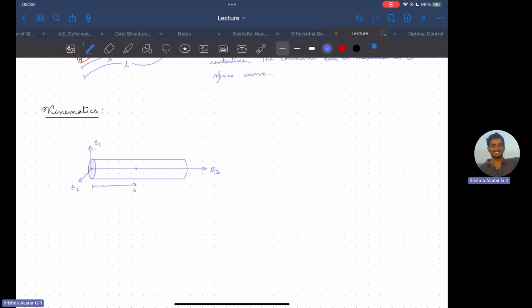There is some reference configuration, and as you recall, it's a straight rod.